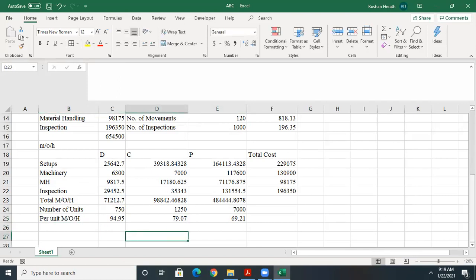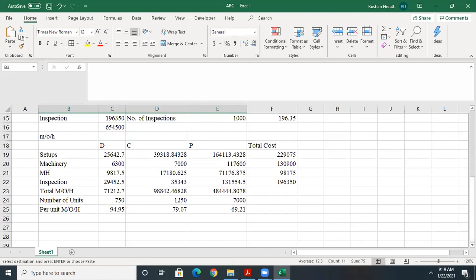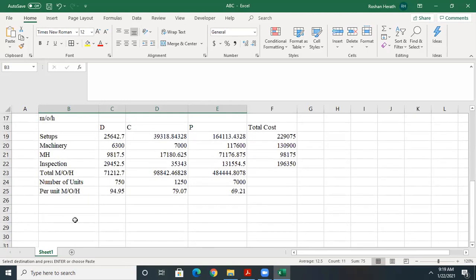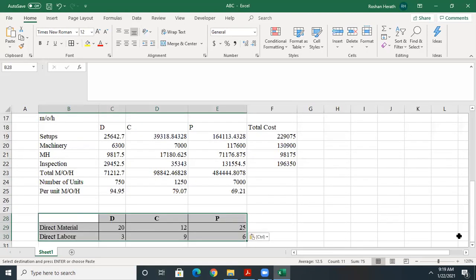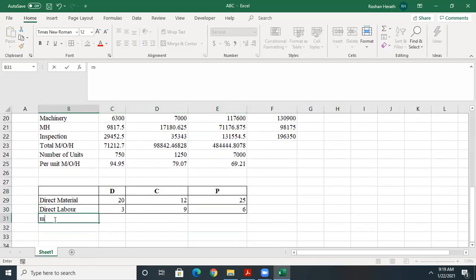So now if you take the cost under this ABC system, this is how it looks. Direct material, direct labor, it won't vary, but the manufacturing overhead.